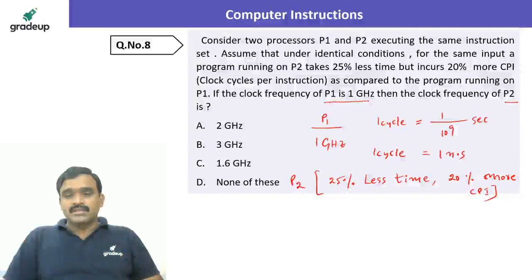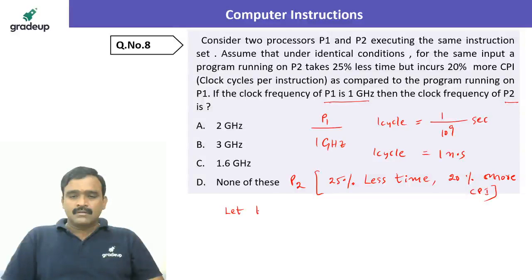Now, what is the frequency of P2, he is asking. So for example, let P1 take 5 cycles.